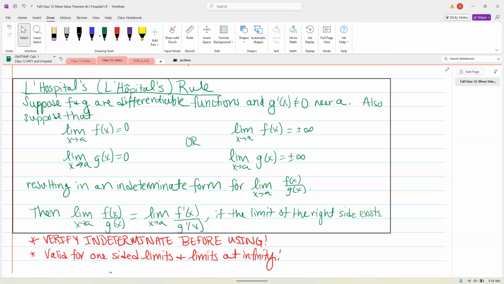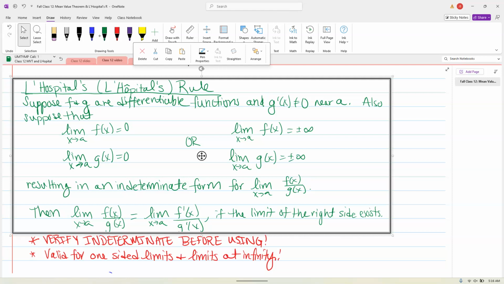That's what the indeterminate form is about, because when you take their quotient, you get an indeterminate form for that limit. And so with that indeterminate form known, we can say, by L'Hopital's rule, that the limit of our original quotient is the same as the limit of the ratio of their derivatives. Okay? And so then we just differentiate numerator, differentiate denominator, and then see what that comes to for a limit. If it's another indeterminate form, we go again, and we keep on going until we get our answer.